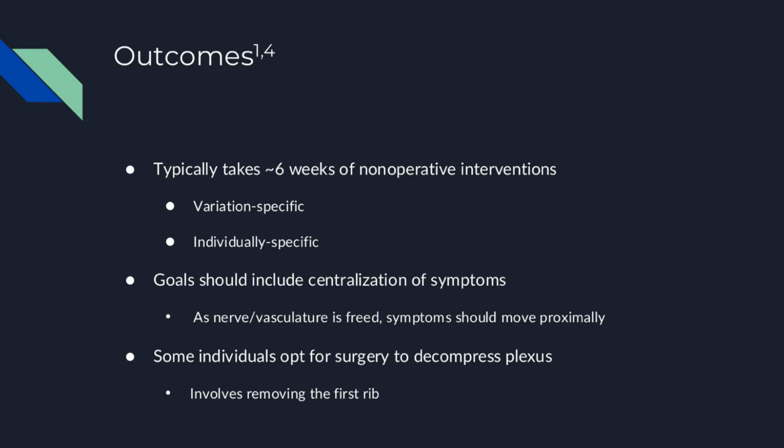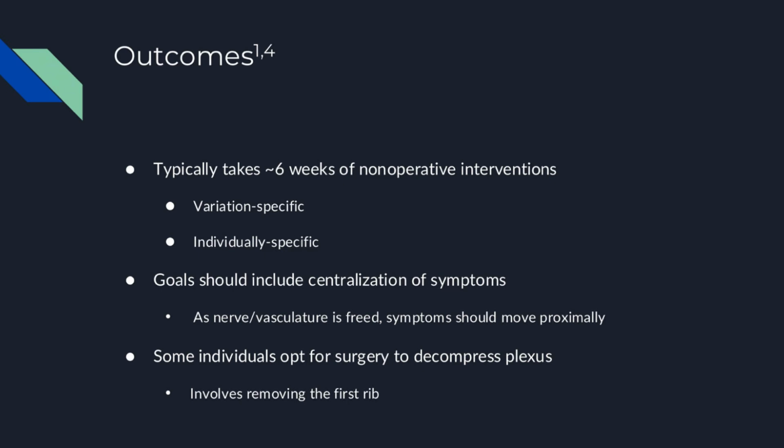If someone came in with that kind of thoracic outlet syndrome and also had a condition like diabetes, it would be a little bit more difficult and take a longer time to progress these patients.